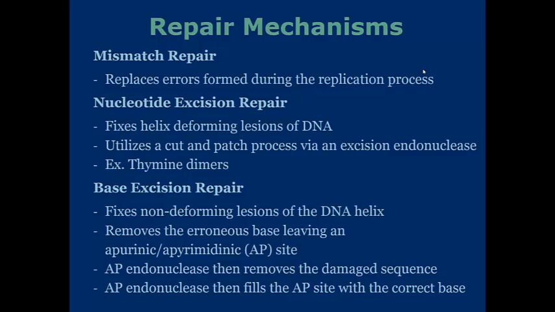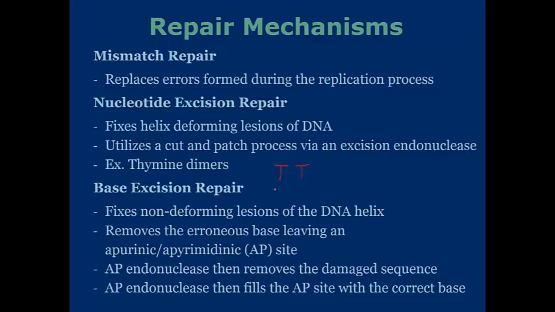Nucleotide excision repair fixes helical deformation lesions of DNA. This utilizes a cut and patch process via an excision endonuclease. The most classic example of this is a thymine dimer. A thymine dimer forms when you have two thymines next to each other that bond together.